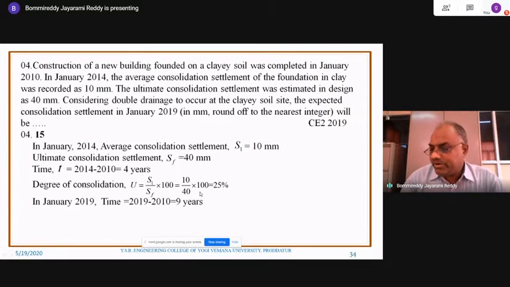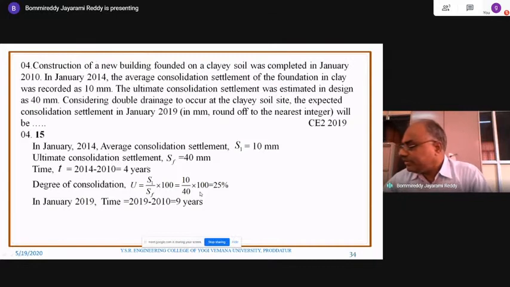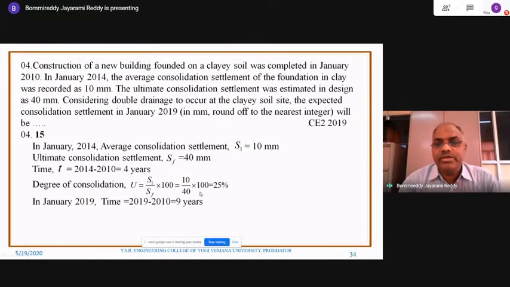It is a 2019 question, also a very simple question. Construction of a new building founded on clay soil was completed in January 2010.